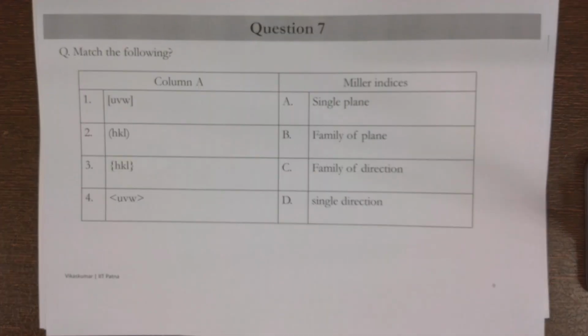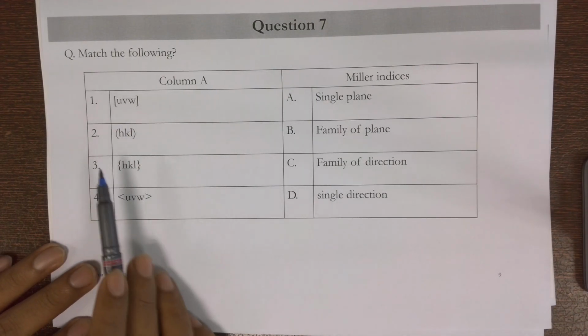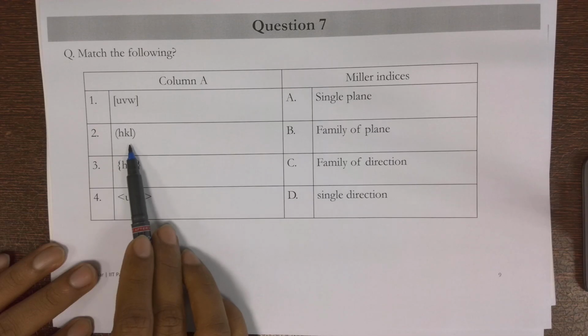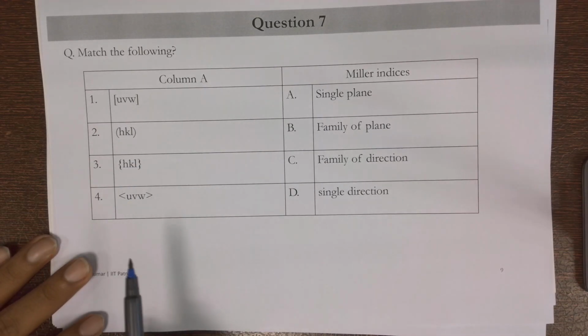Okay, let's go to the next part, question number 7. If there is any doubt in this one, let me know. Finally, this question we can easily solve. Question number 7. UVW in square brackets, HKL in round brackets.